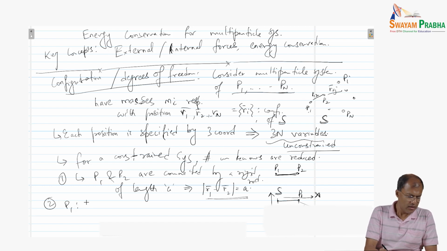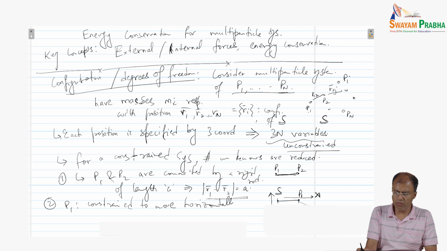P1 is constrained to move horizontally, and the whole system moves vertically, right?